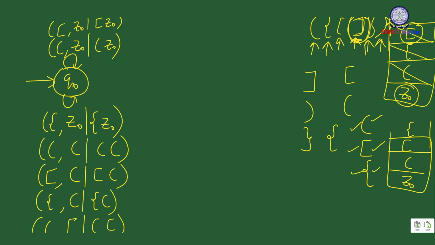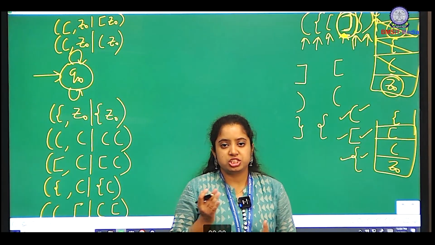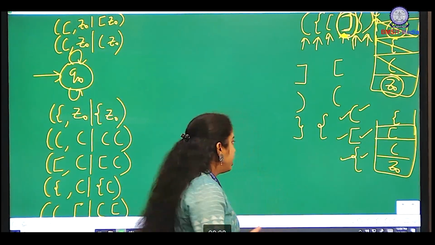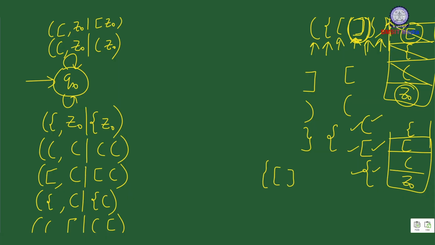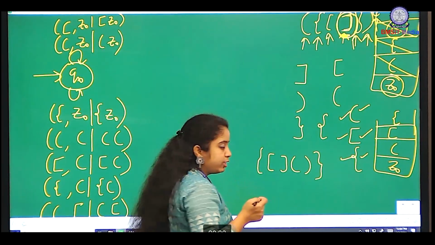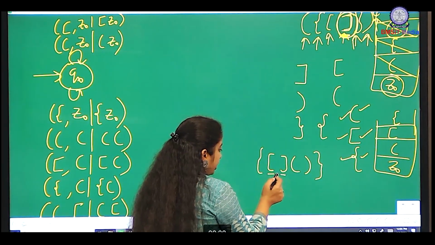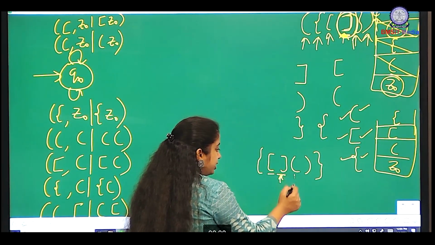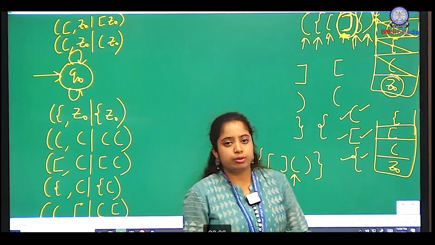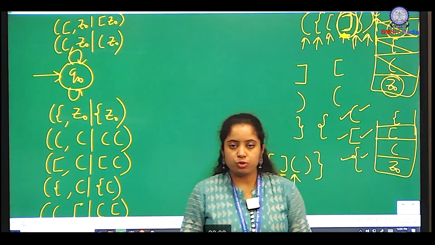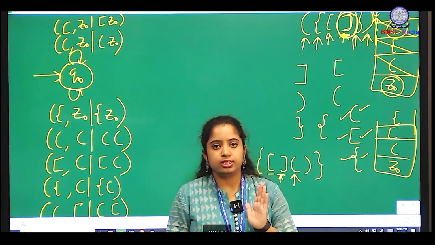So, now we will write the transitions for these. Should we stay in the same state or change the state? You might have strings like this, where you have a close parenthesis and then you read an open parenthesis. So, what will you do? You will stay in the same state, that is Q naught.